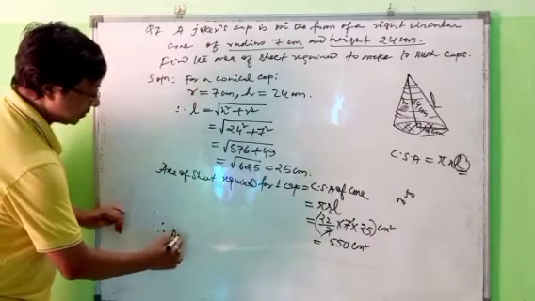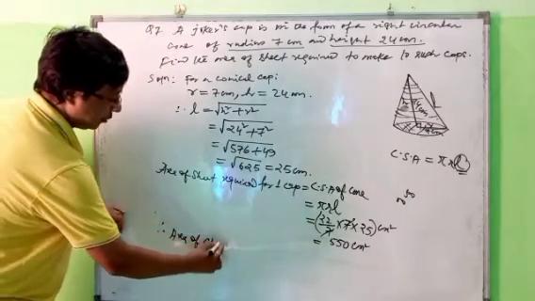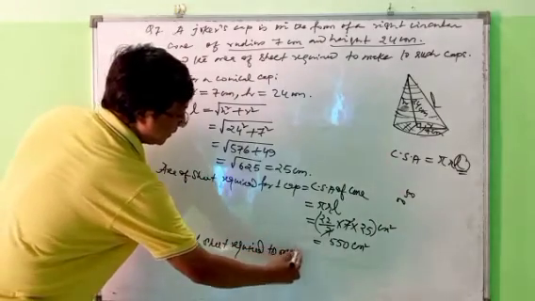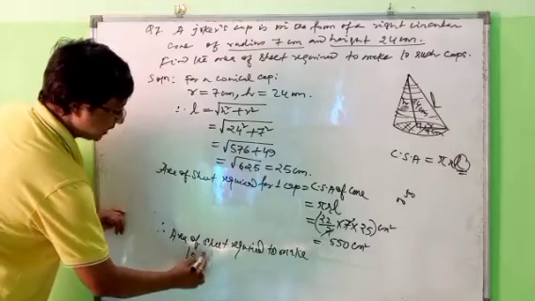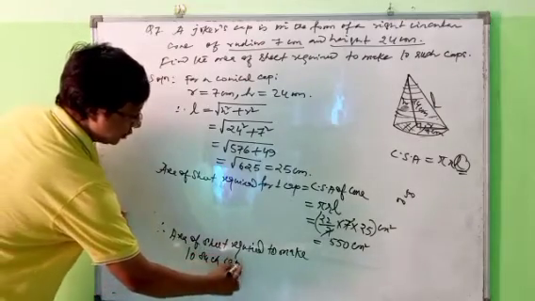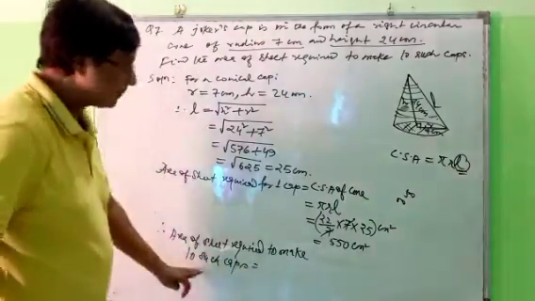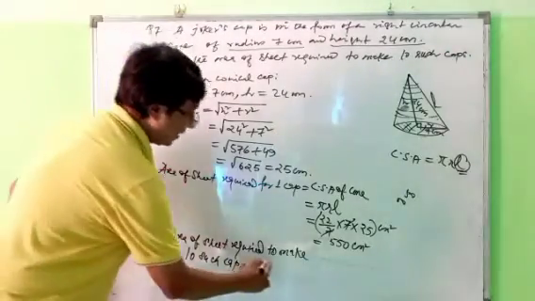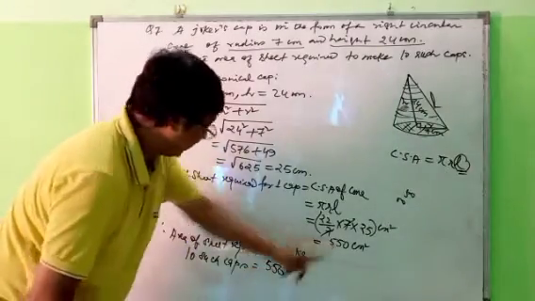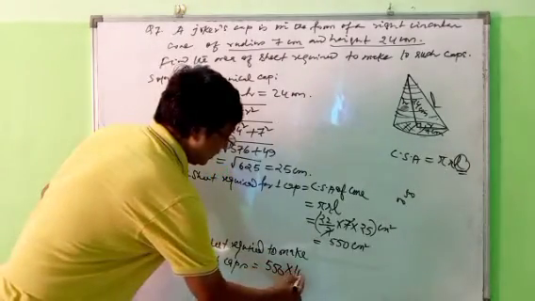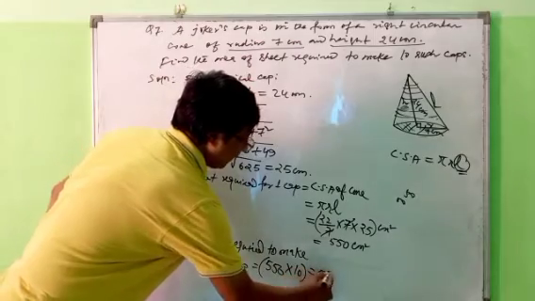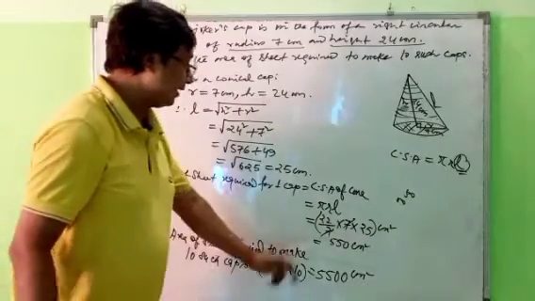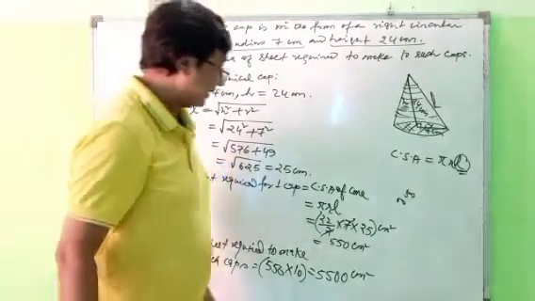Therefore, the area of sheet required to make 10 such caps: as the number of caps is more, the area will increase, so you are going to multiply. 550 into 10 gives 5500 centimeters square.